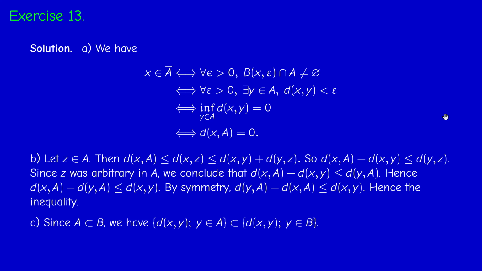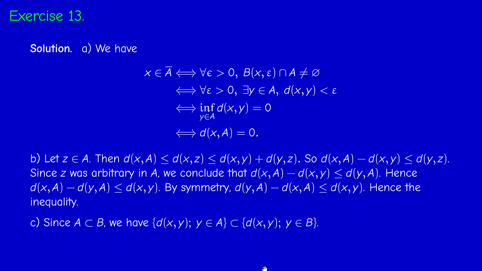Question C, almost trivial. If A is contained in B, then the set of distances d(x,y) with y in A is contained in the set of d(x,y) with y in B. Now, when the set gets bigger, here we are dealing with subsets of the real line. So when the set gets bigger, the supremum gets bigger, but the infimum gets smaller, because we explained that last semester.